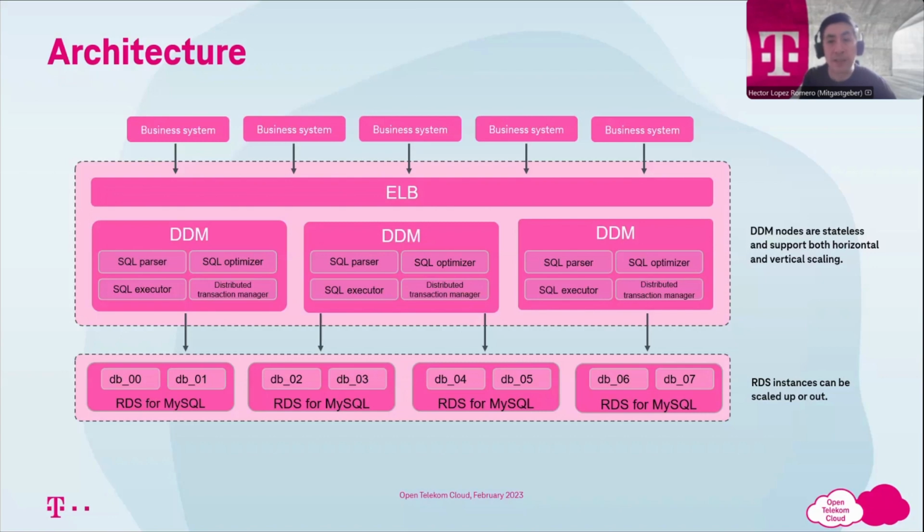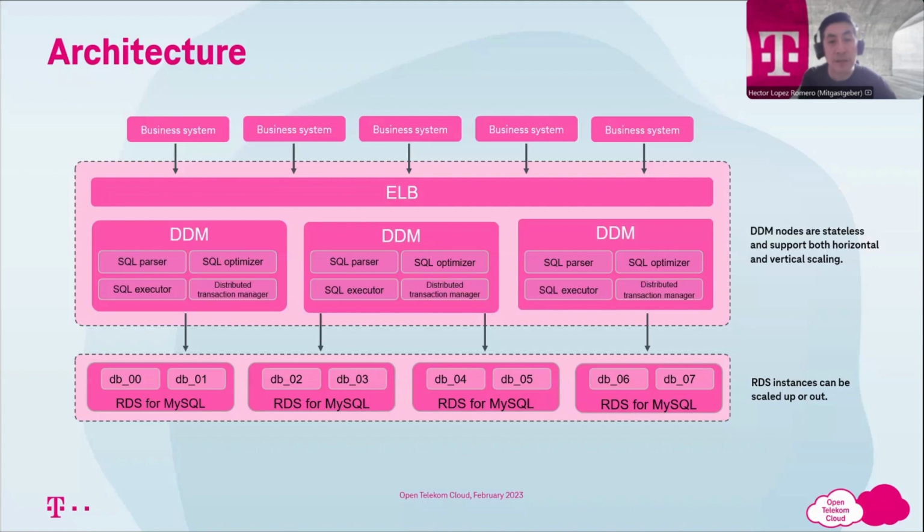So there's not a lot of magic there. I think the complexity is more about this scalability. With this DDM we provide horizontal scaling of databases. That means if you see here, for example, in the case in the middle, DDM has just 2 RDS instances at its access.